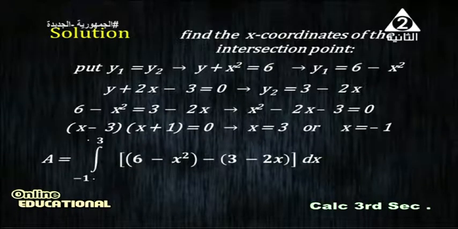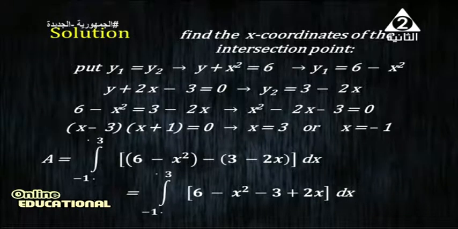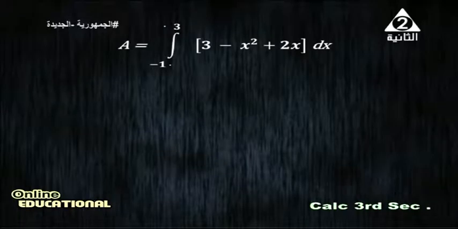We can check this result. Now the area equals the integration of 6 minus x power 2 minus 3 plus 2x dx from negative 1 to 3. We have two like terms, and we can write this integration as the definite integral of 3 minus x power 2 plus 2x dx from negative 1 to 3.